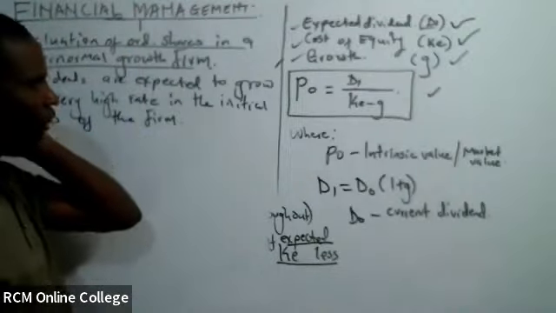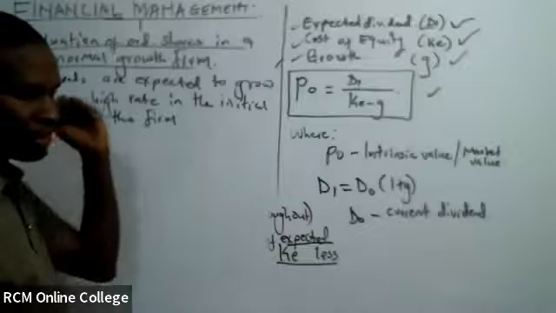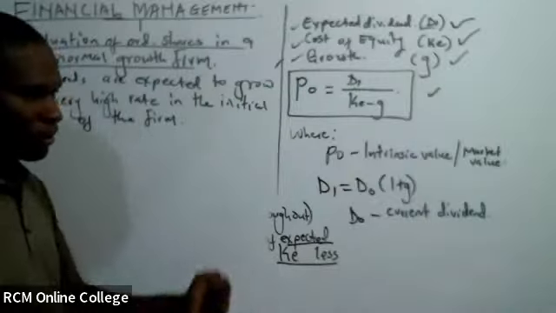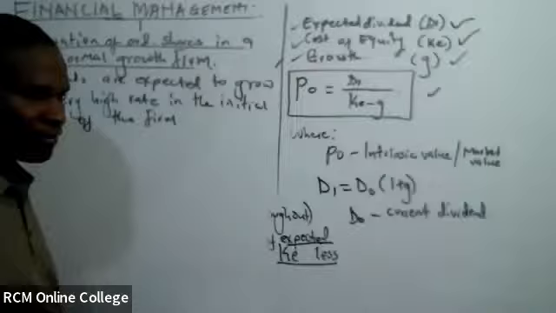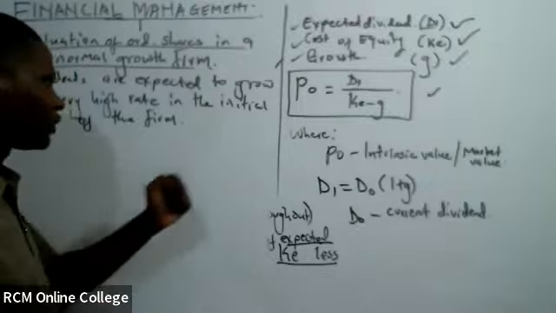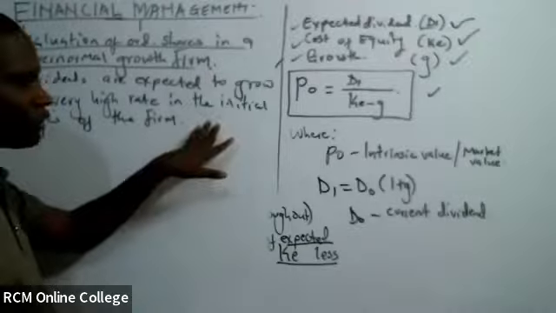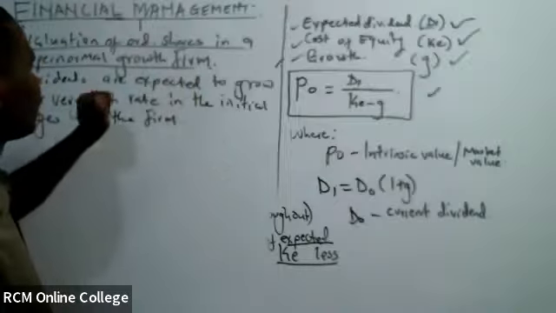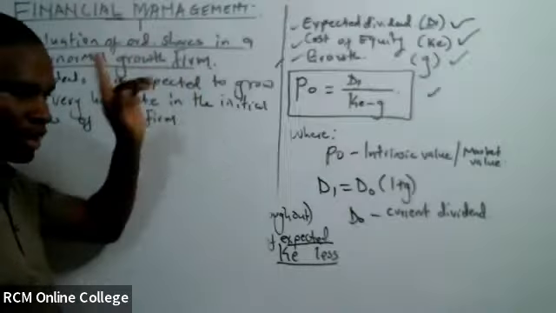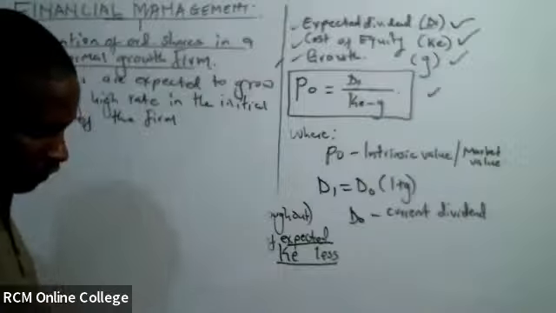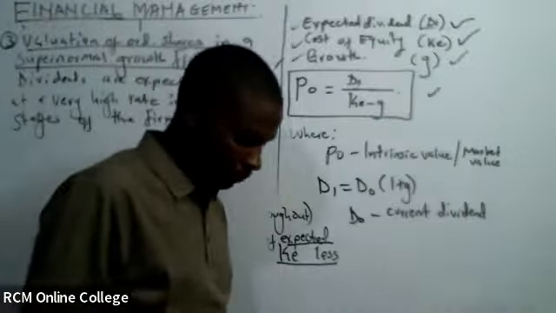You know, when you're starting something, even if it is cross country, sometimes you start at a very high speed. So in the initial stages of the firm, the dividends are expected to grow at a very high rate. Full stop.